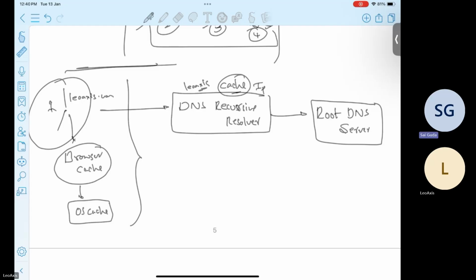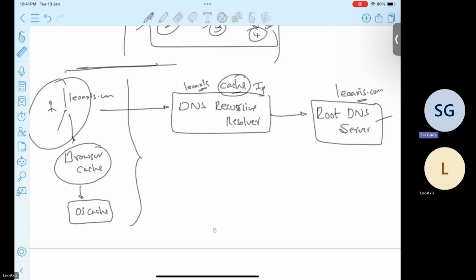Now this resolver is asking the root DNS server, saying that I need www.leoaxis.com details. My dear root DNS server, may I know where is this LeoAxis.com? Where should I go to find these details?